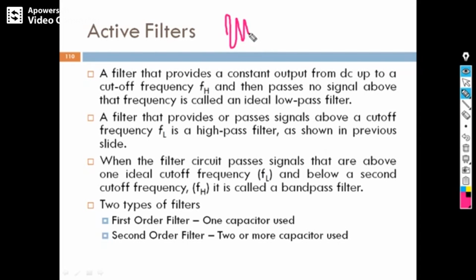If I give this signal to my operational amplifier which is configured as a filter, based on the type of the design, my operational amplifier will allow only the low frequency component to the output, or only the high frequency component to the output, or only a particular range between F1 and F2 to the output. This process is called filtering.